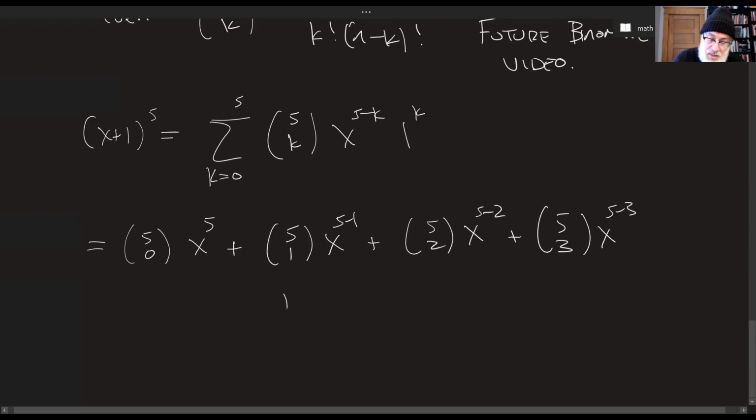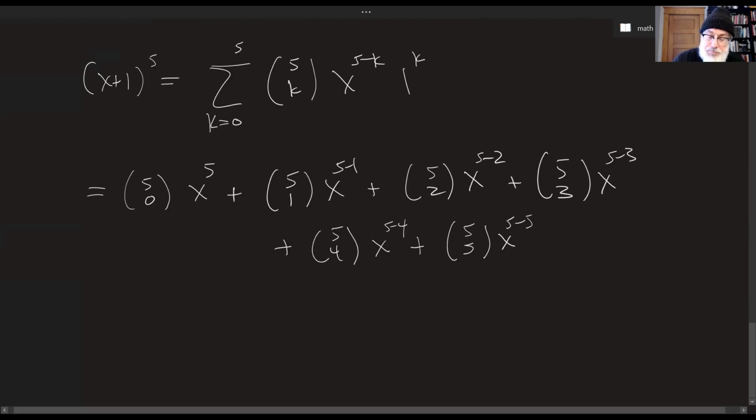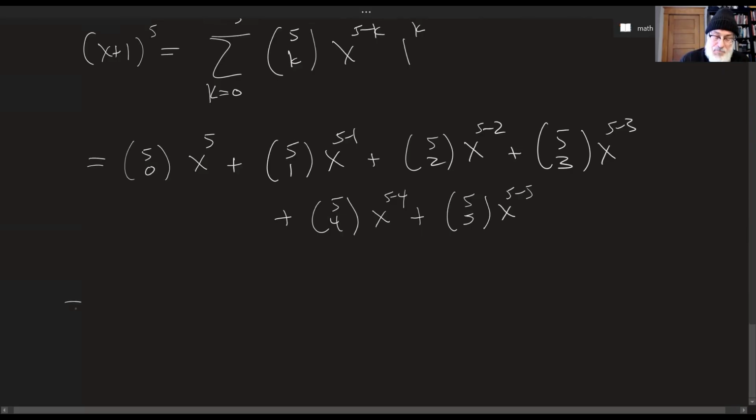3. I'm going to move this down. 5 choose 4, x to the 5 minus 4, plus 5 choose 5, x to the 5 minus 5. So we have 5 choose 0.